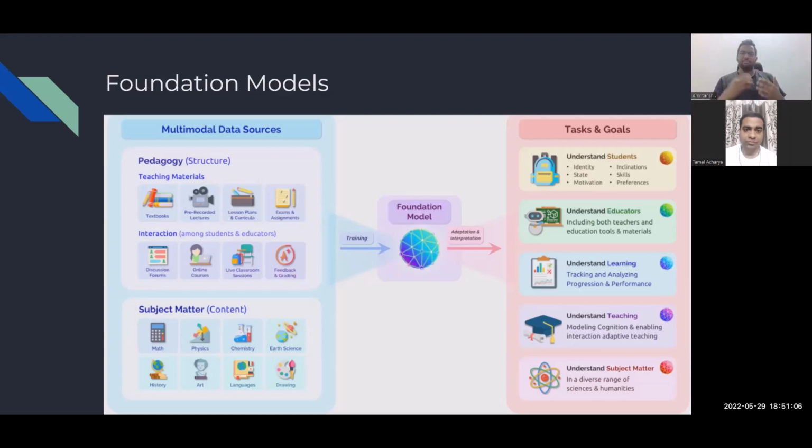Okay, you have maths, physics, chemistry, social studies, history, language, drawing, anything creative over there as well. And think, can there be a set of common models only, where all the data can be pushed through and adapted and interpreted for understanding, providing personalized learning for every student, and for seeing how teaching methods are helping us, and even understanding subject matter.